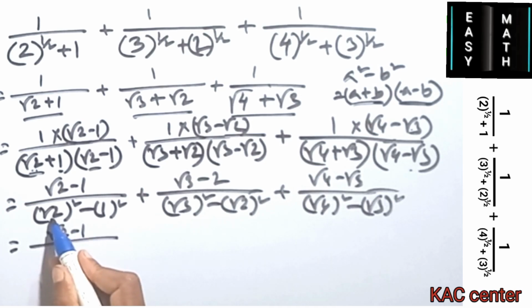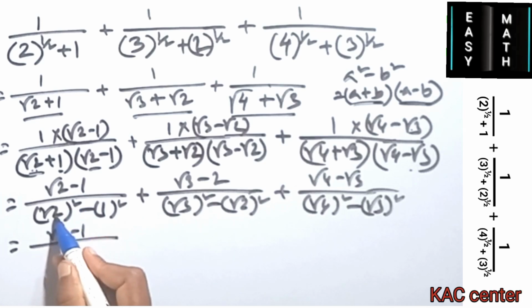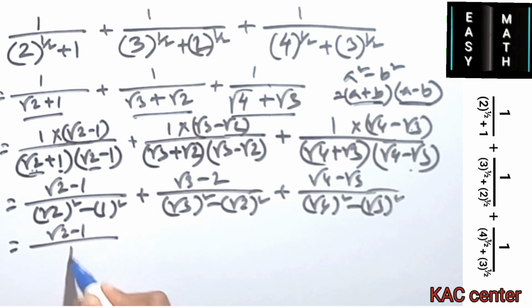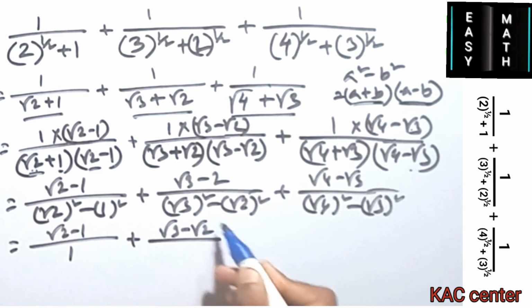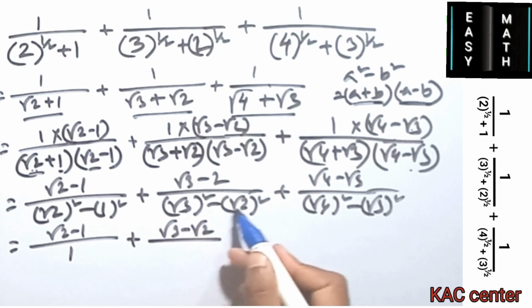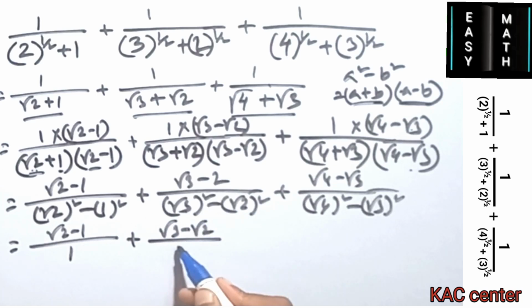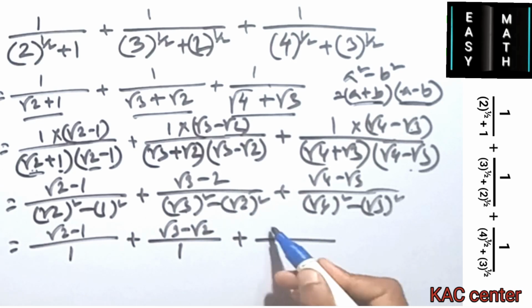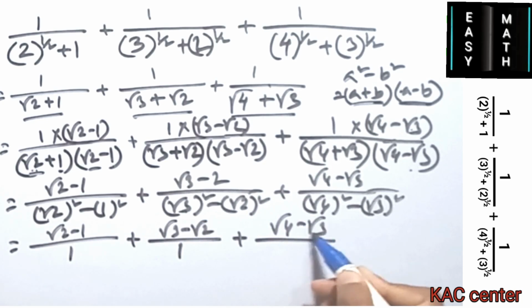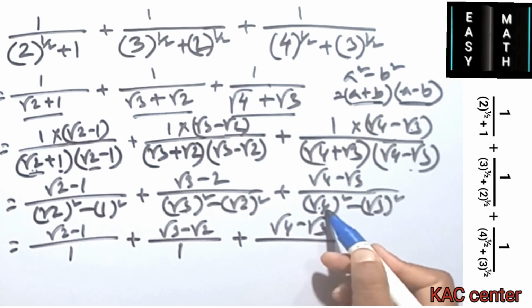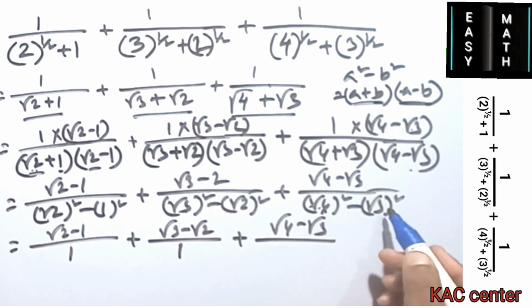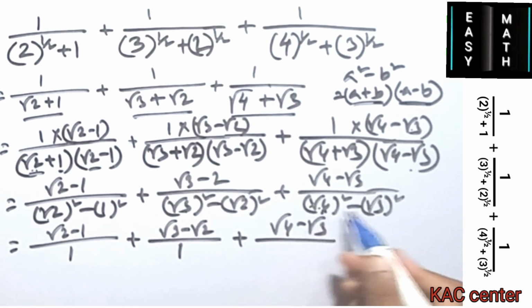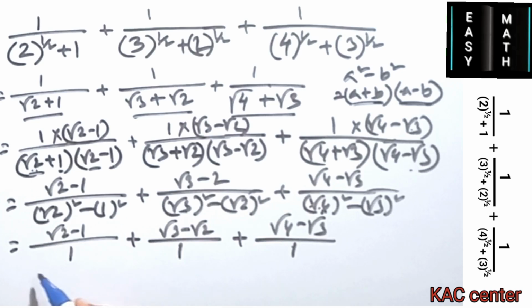2 plus 1, and this 2 square is 2, so 2 minus 1 is 1, and there is root 3 square, 3 square is 3 and minus 2, so there is 1, and 4 plus root 3, 4 square is 4, 4 minus root 3 square, root cut, so 3, so 4 minus 3 is 1.